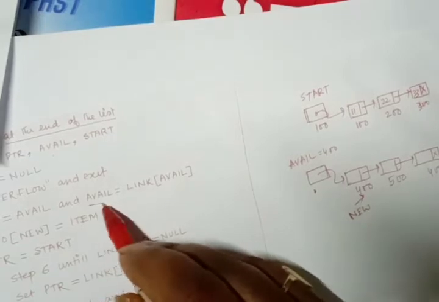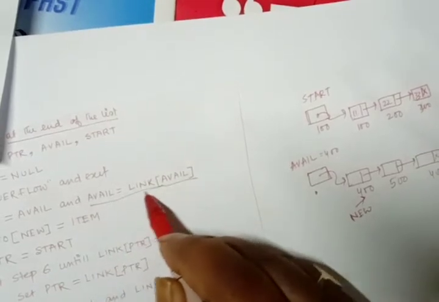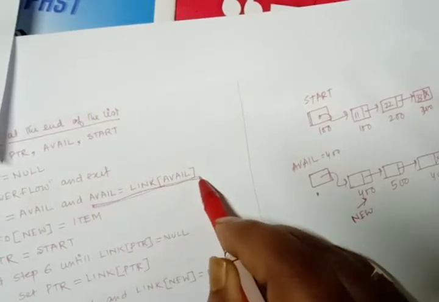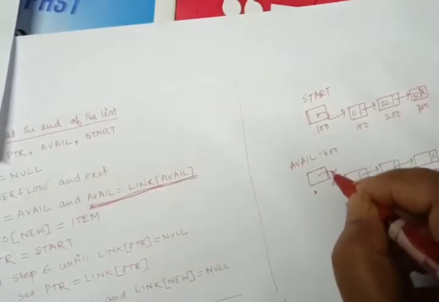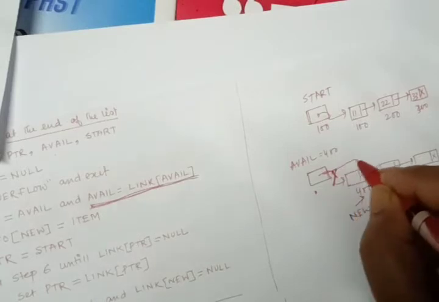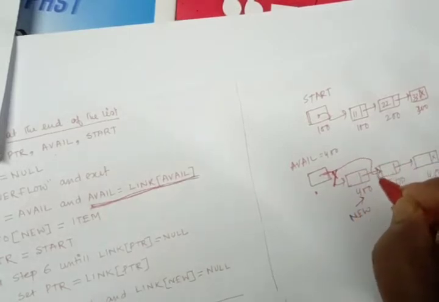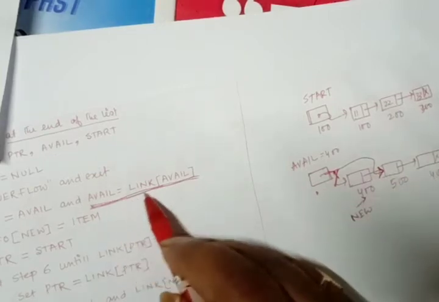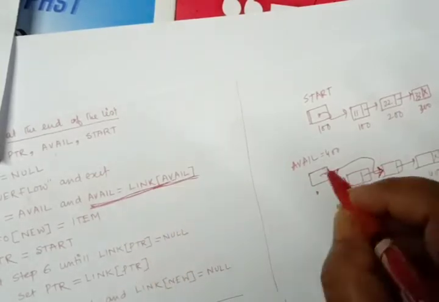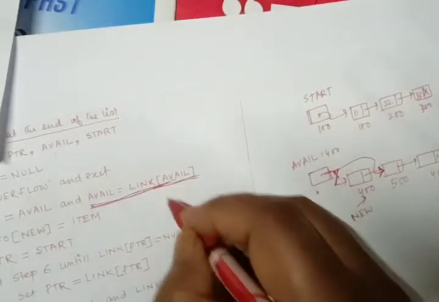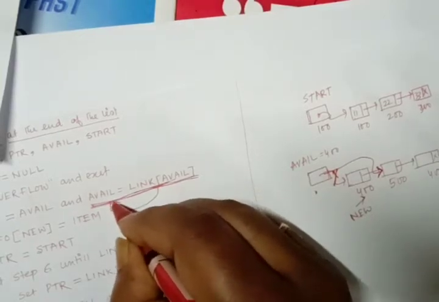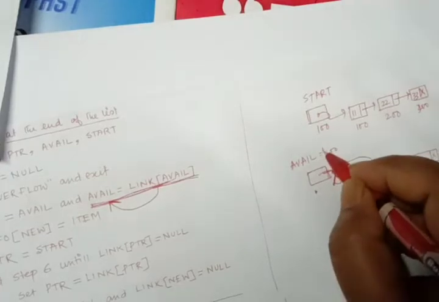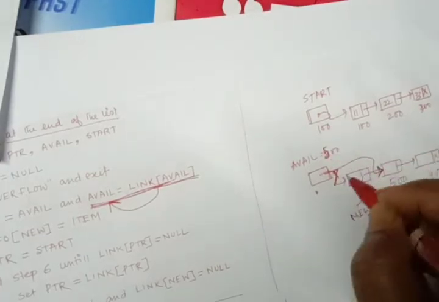So using this line, as we have seen in our previous case also, this line is used to break the link. Here this link will break, and it will now attach with the next available block. So avail equal to link of avail, and link of avail is 500. So that 500 will be assigned to the avail variable. So now the new value of avail is 500.